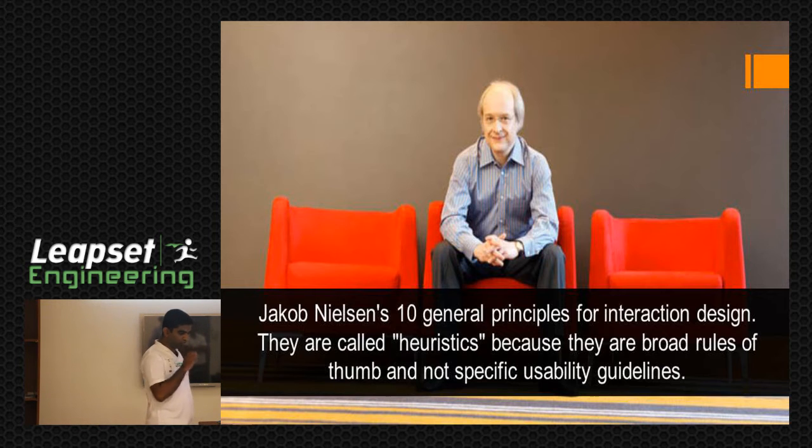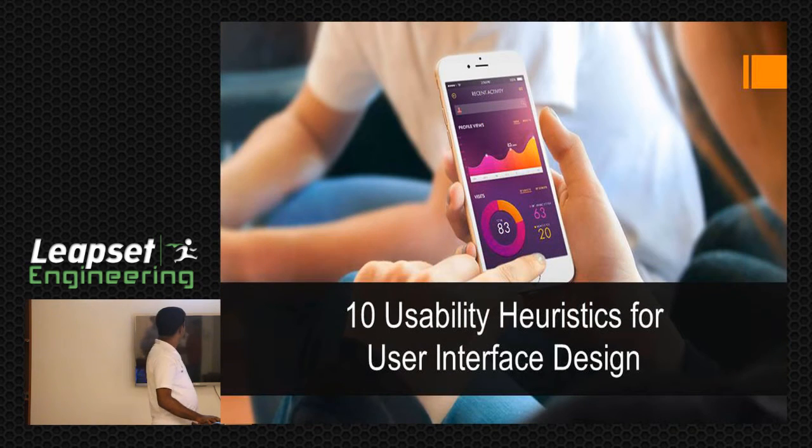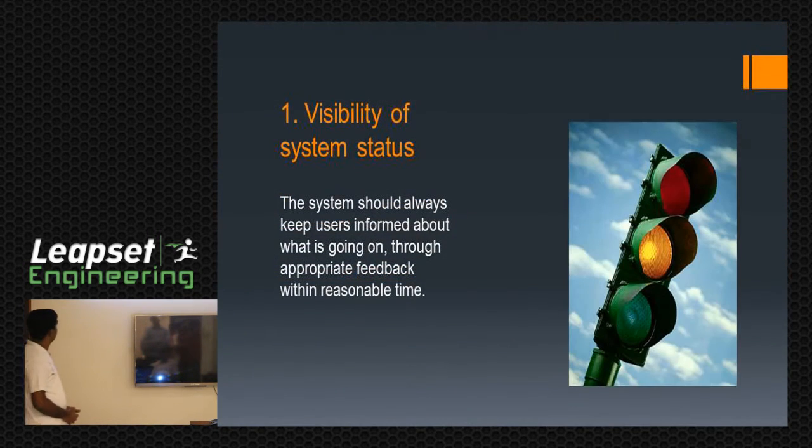Those heuristics are the basic guidelines of good, usable software. Let's go through them one by one and try to learn something. So the first heuristic is visibility of system status.